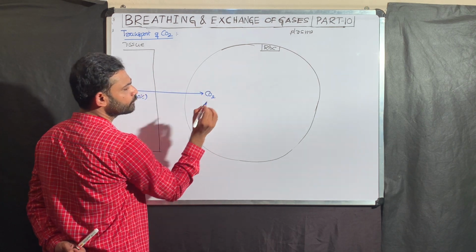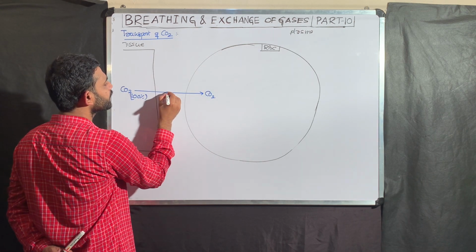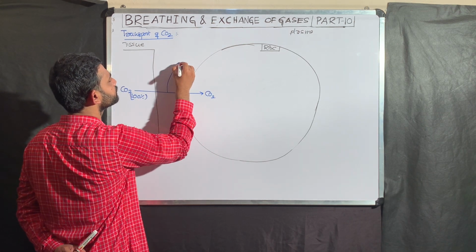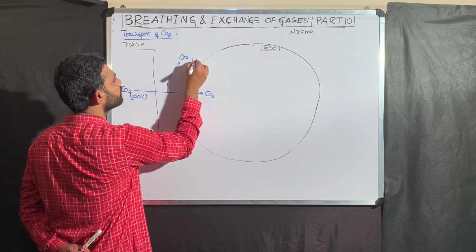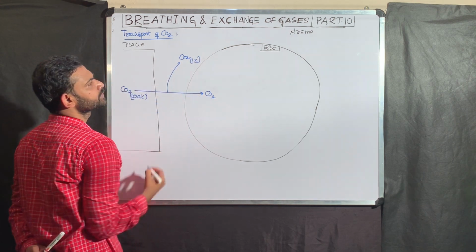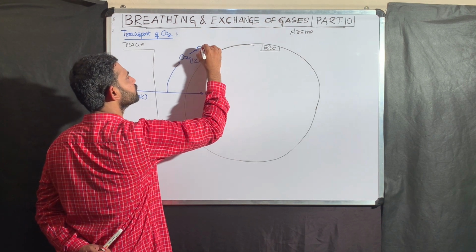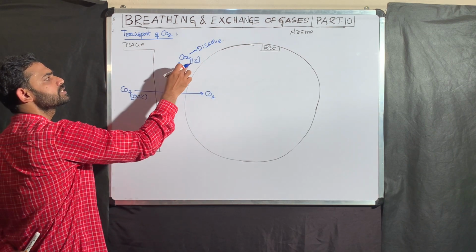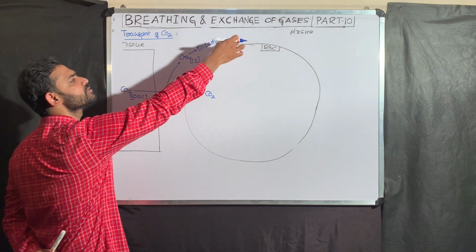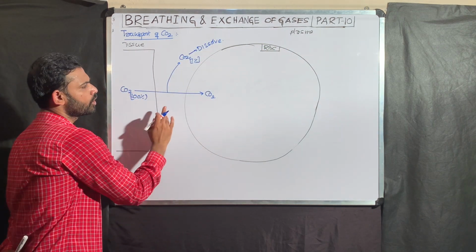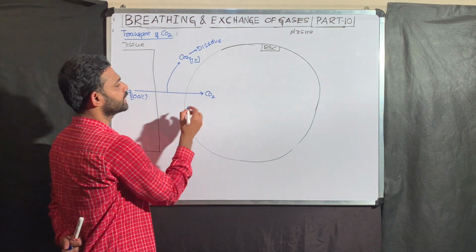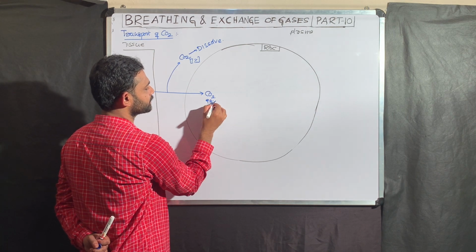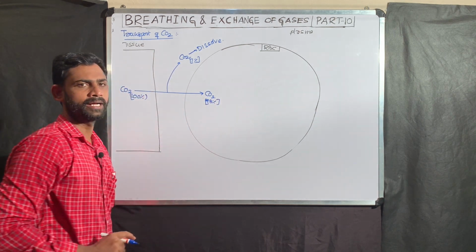Before that, 7% of the carbon dioxide gets dissolved in the plasma. So how much is remaining? That is 93%.